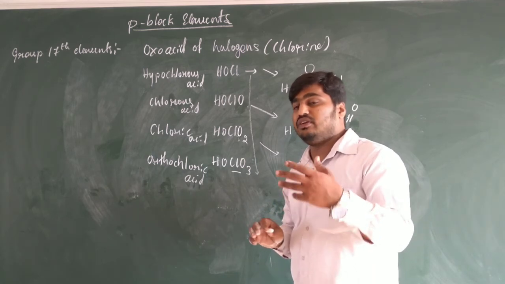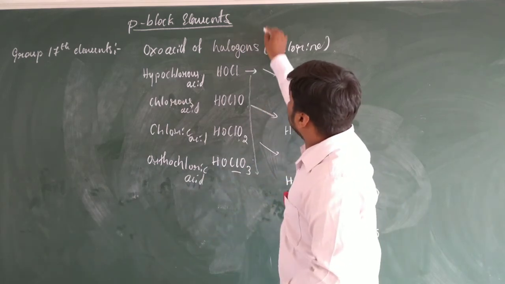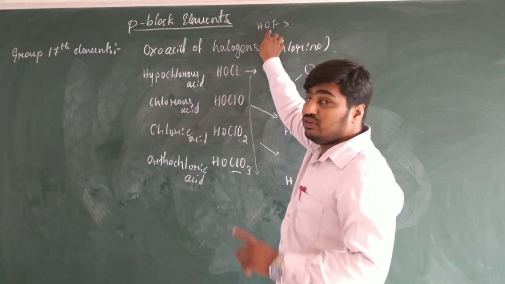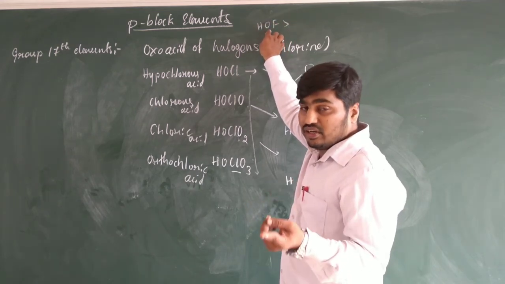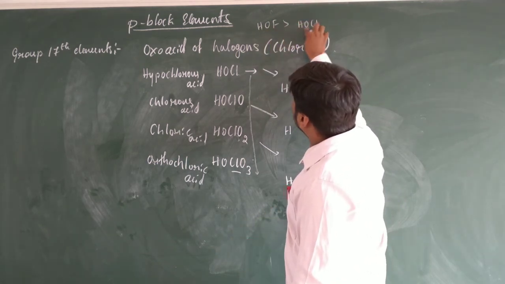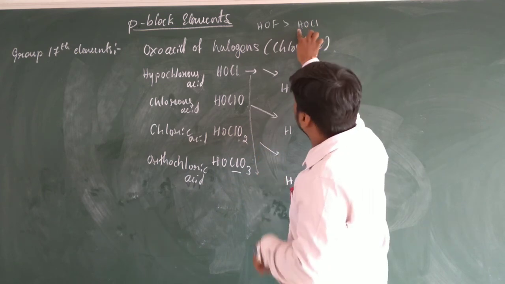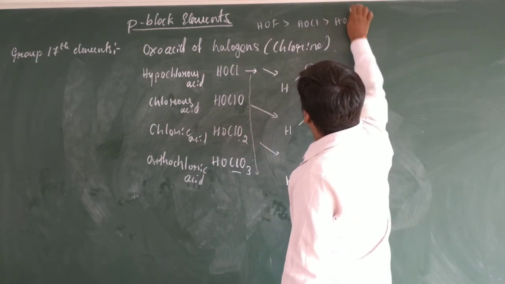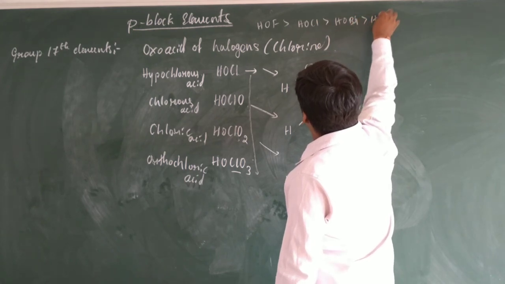In the case of different oxoacids, HOF is more acidic. The oxoacid of fluorine is more acidic than the corresponding oxoacids HOCl, HOBr, HOI.